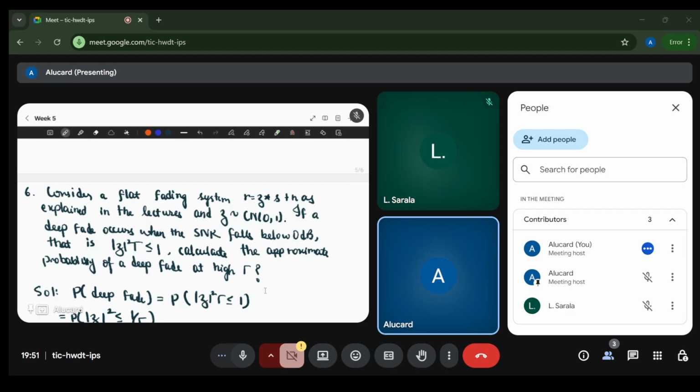So this part where you're finding P of z square less than or equal to 1 over gamma is similar to the last question, except that here instead of giving you the actual value of 1 over gamma, you have the answer in terms of gamma. And you actually have to use the fact that gamma is large to do an approximation.